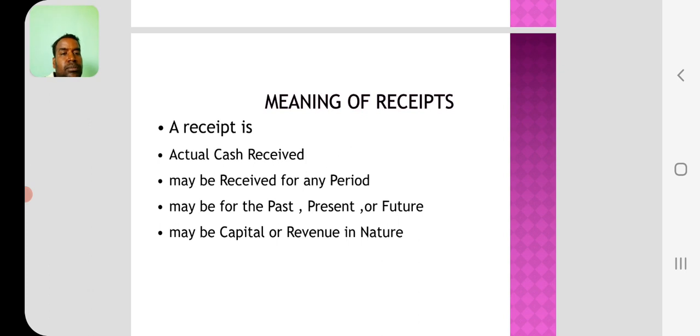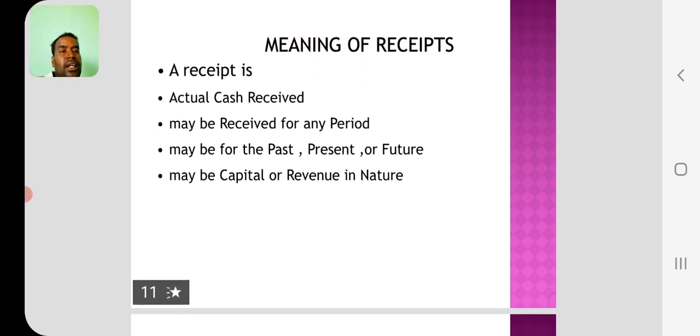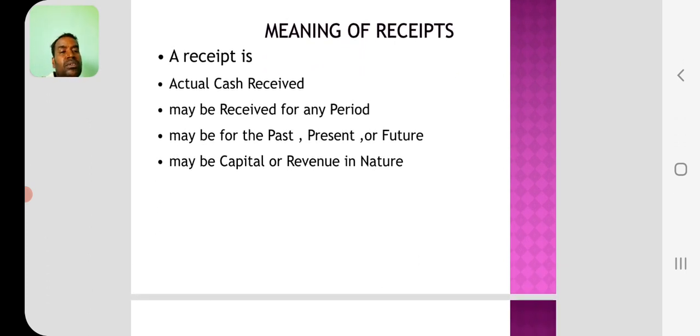It may be capital income or revenue income. Capital income means it is used for more than 10 years, a longer period. Revenue means it is for only the current year.